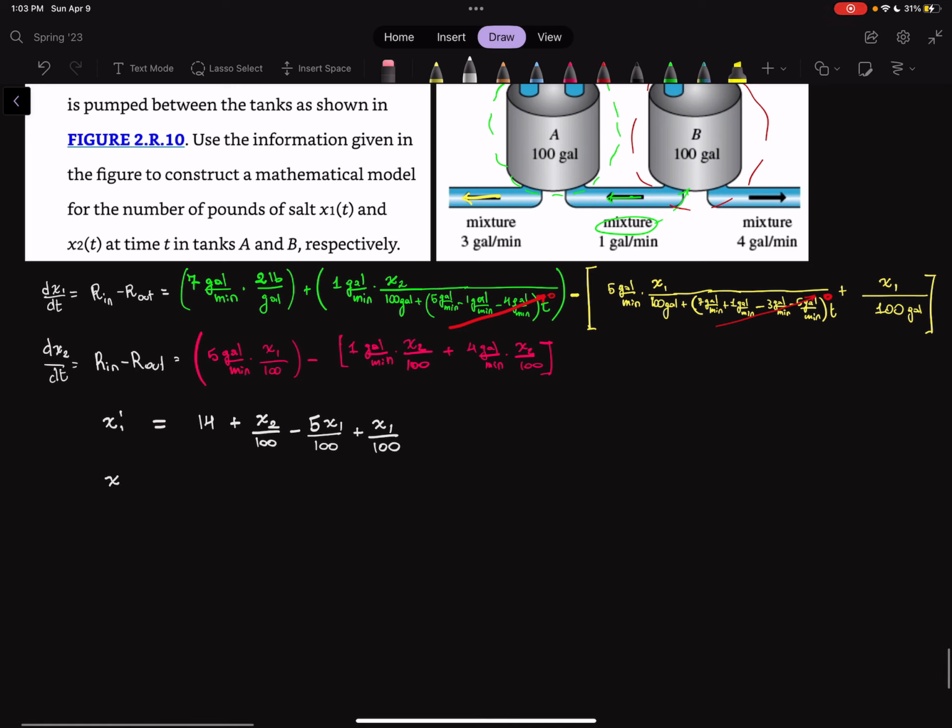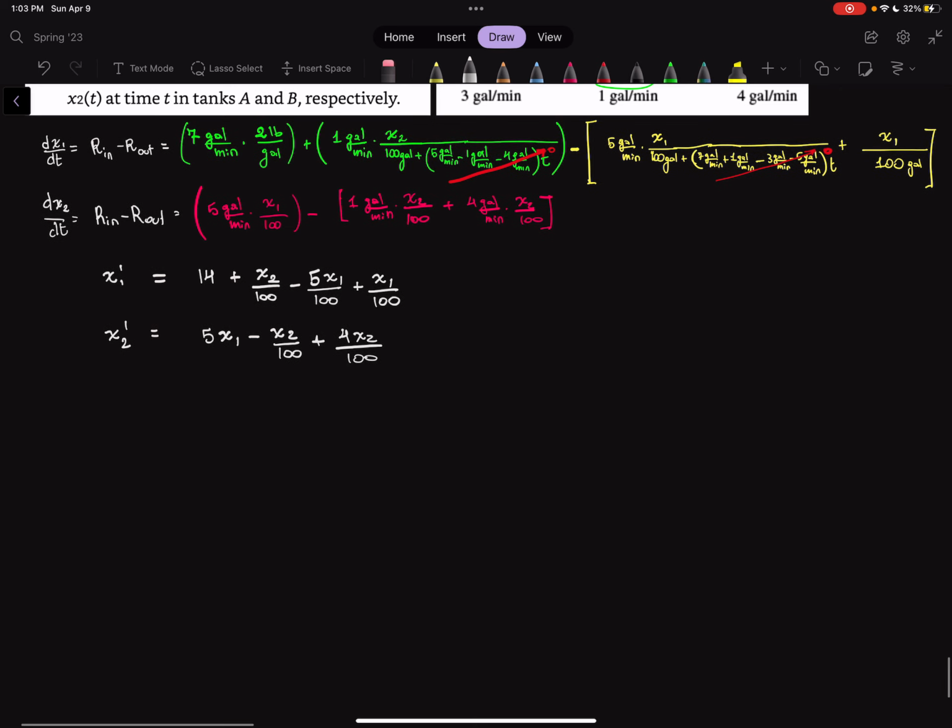And then for the second one, we'll have 5x1 minus x2 over 100 plus 4x2 over 100.